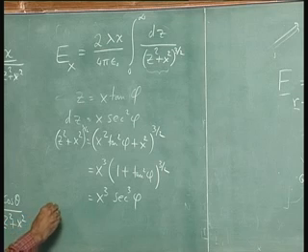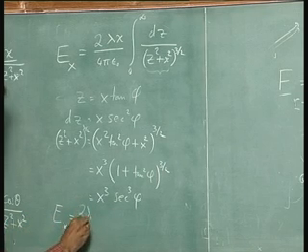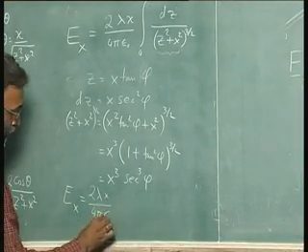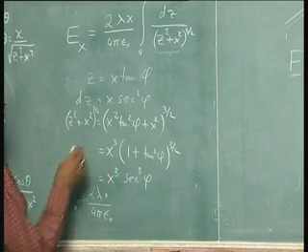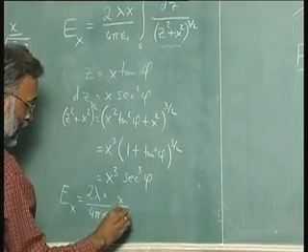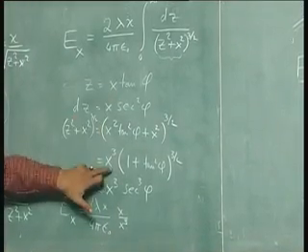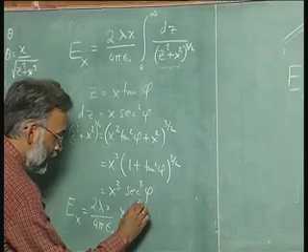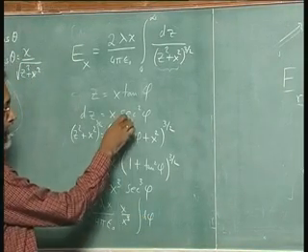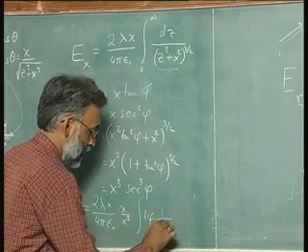So, what happens to my electric field? The electric field becomes twice lambda x divided by 4 pi epsilon naught. From dz I get one more x divided by x cubed, and then I get an integral d phi secant squared phi divided by secant cubed phi, which is 1 over secant phi.